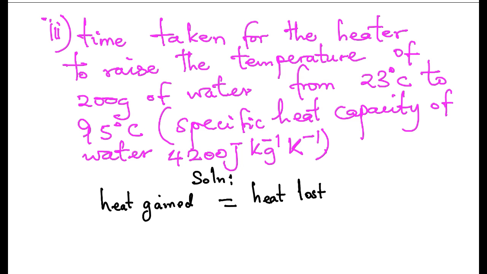Heat gained by water is mass of water times change in temperature. Heat gained is mc, change in temperature: mass times the specific heat capacity times temperature change. And that is equal to heat loss, which is power times time.